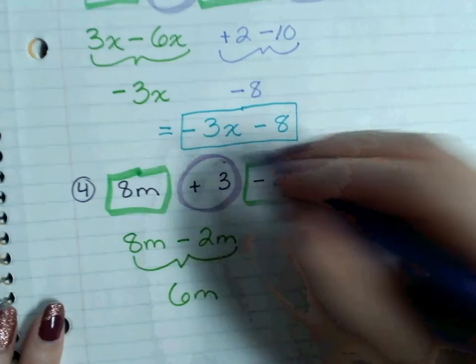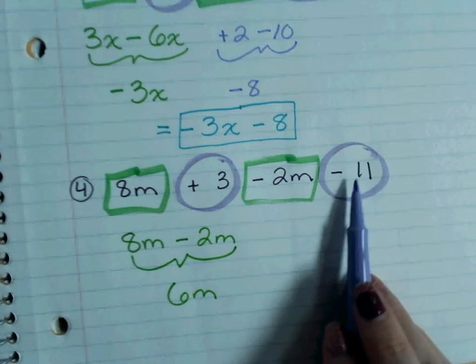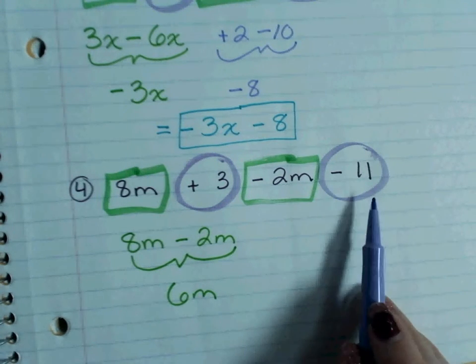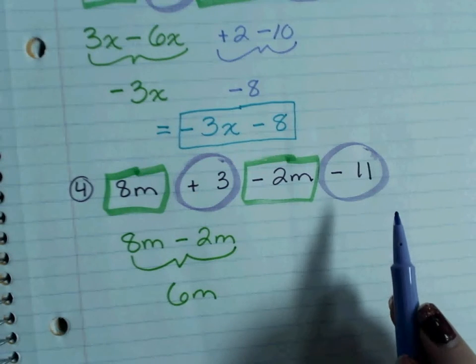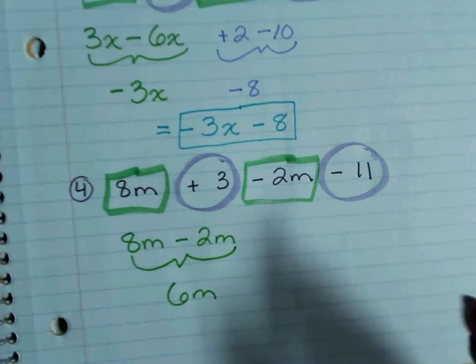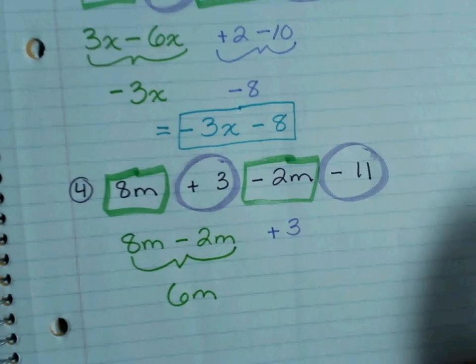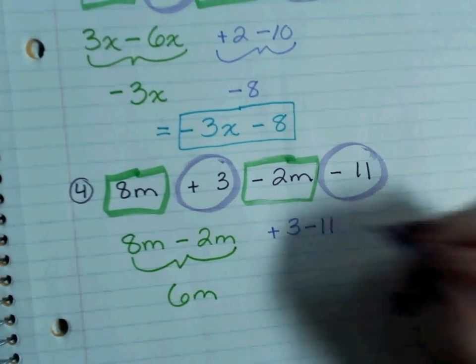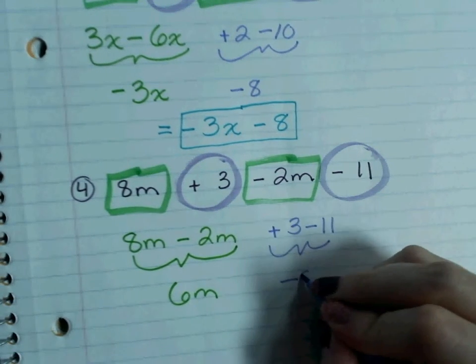Then we have a positive 3 and a negative 11. Notice I said negative 11. Even though that said minus 11, when I'm separating it out, I can call it a negative 11. Okay? So positive 3 or a plus 3 and a minus 11 or a negative 11, when we combine that together, that gives us a negative 8.